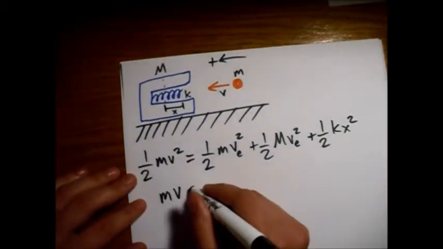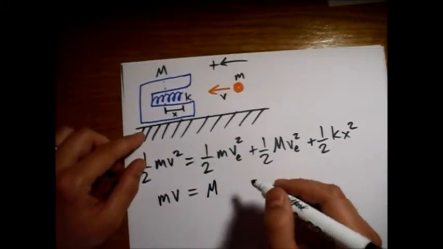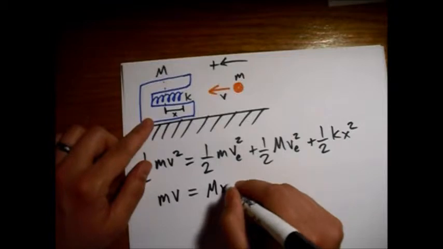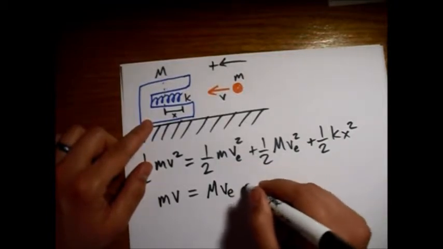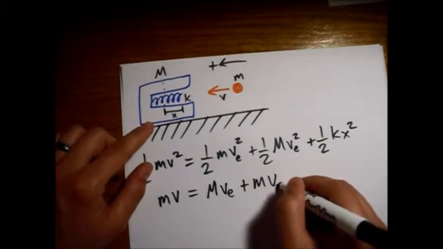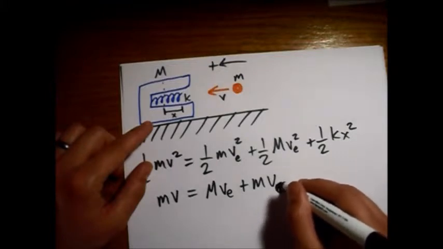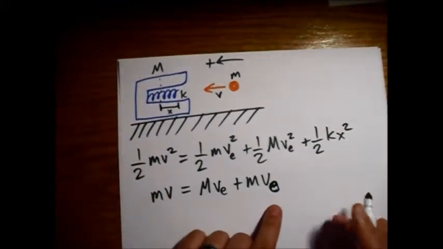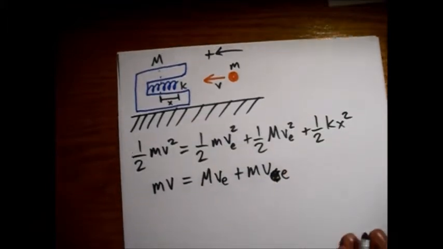Alright, and that's going to be equal to the big M times V sub E, plus little m. Oops, that's an E. Alright, that's a really messed up. Okay.